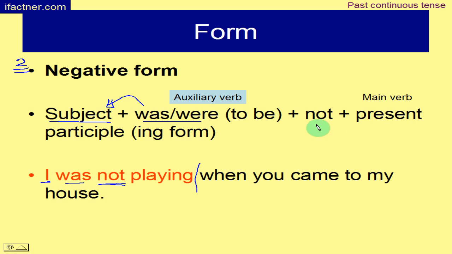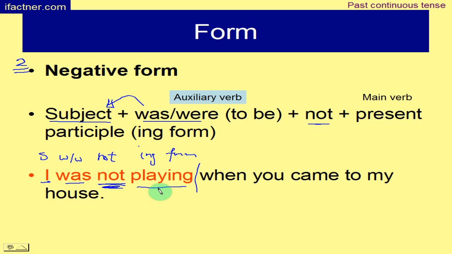Then we have got not, and then the ing form of the main verb. Subject, was or were, then not, and then the ing form of the main verb.